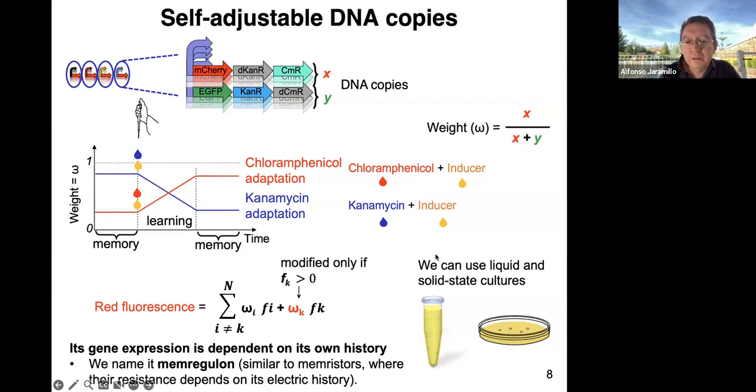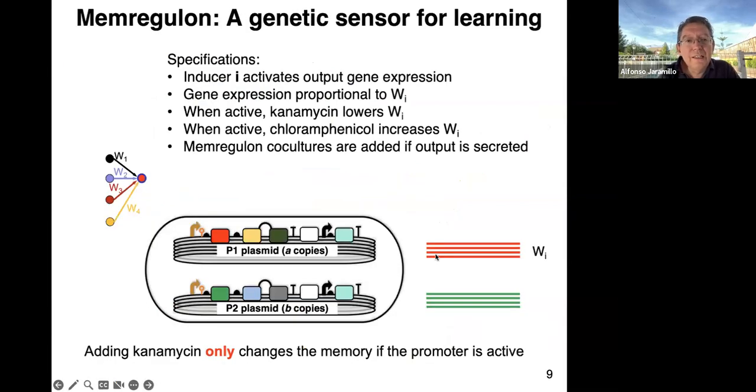Okay, and here is a little bit of a summary of the specification for this memregulon. You have two plasmids that have the same origin of replication. Here the origin of replication is coli 1, and the same antibiotic resistance. So here is white, the origin of replication, and in this green and bluish part you have the ampicillin resistance.